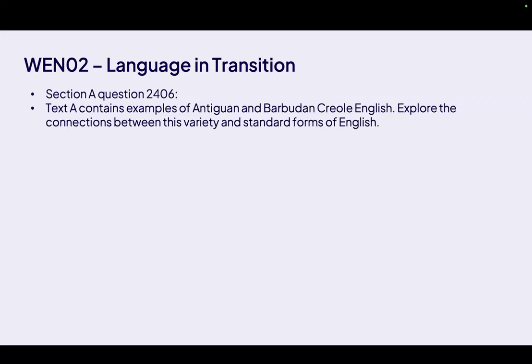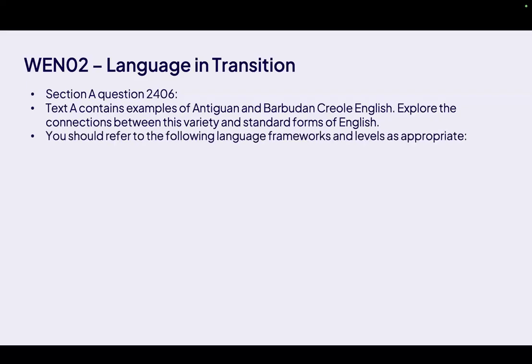Text A contains examples of Antiguan and Barbudan Creole English. Explore the connections between this variety and standard forms of English. Obviously, this rubric doesn't change apart from the specific variety under discussion, in this case, Antiguan and Barbudan Creole English, but the rubric otherwise stays the same.